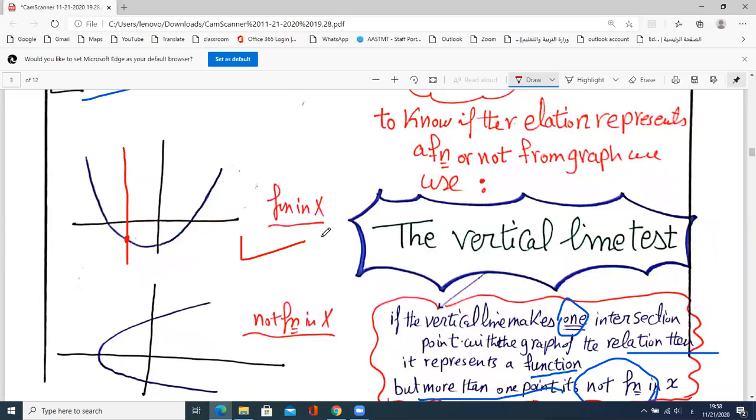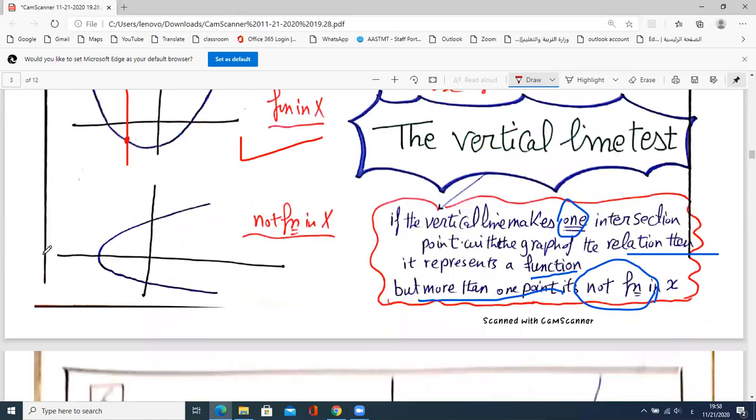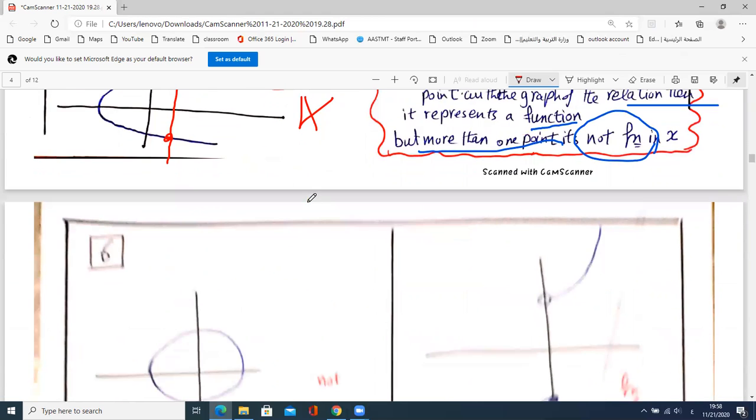Then this is a function in X. The second one, if you draw a vertical line in any place, you will find that you have two intersection points. And that's why it's not a function in X, as this vertical line makes two intersection points.